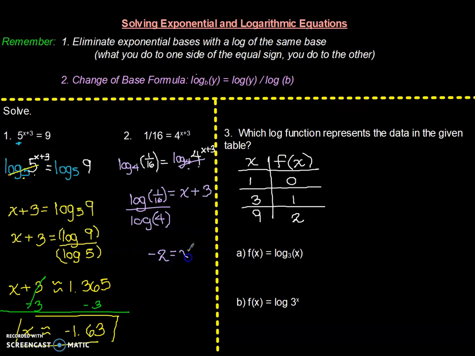So -2 equals, bring down this whole side we haven't used, x plus 3. To get x by itself, the only thing happening to the x is it's being added to 3. So we subtract 3 on both sides. -2 minus 3, signs match, so we add and take the sign of the bigger number, which is 3, and that's a negative, and that will equal x.